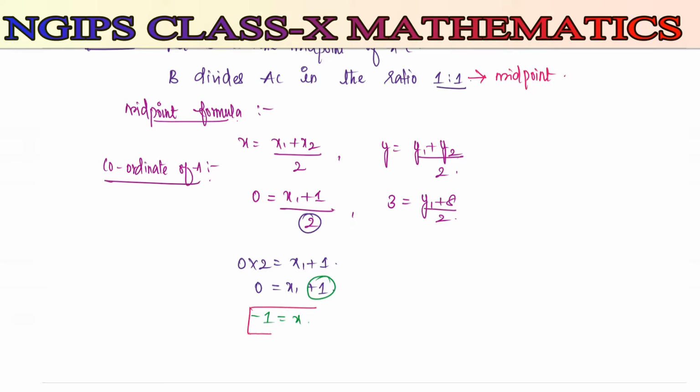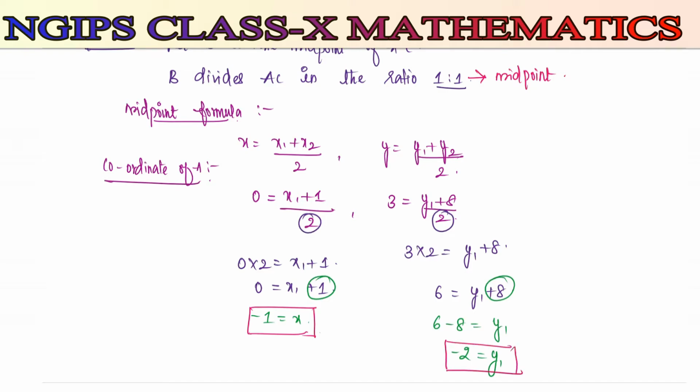Next we will find y1. When you shift the division by 2 to the opposite side, it becomes multiplication. 3 into 2 is equal to y1 plus 8, so 3 twos are 6 is equal to y1 plus 8. Plus 8 shifted to the opposite side becomes minus 8, so 6 minus 8 is equal to y1. 6 minus 8 is minus 2, so y1 is equal to minus 2.